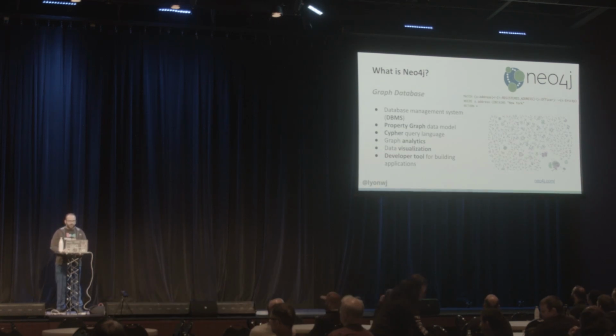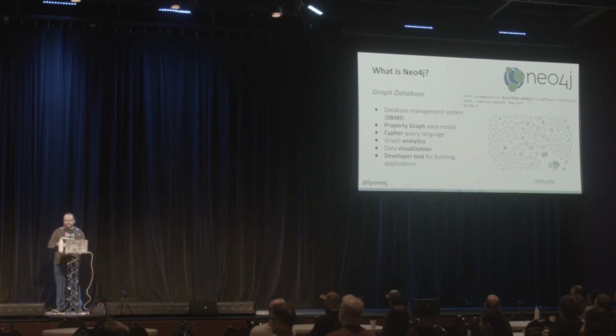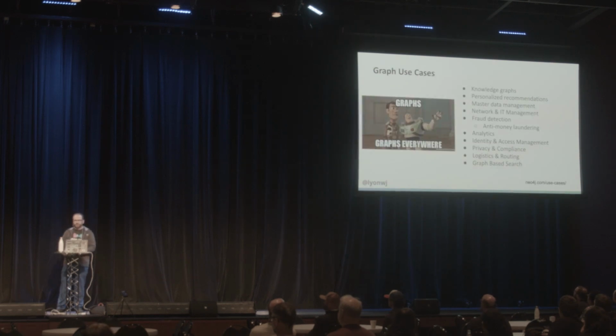Neo4j uses a query language called Cypher. There's an example here of Cypher. Cypher you can think of as kind of like SQL, but for graphs. It's all about pattern matching, so we draw these ASCII art representations of a traversal through a graph. There are lots of interesting things you can do with graph data in a graph database.